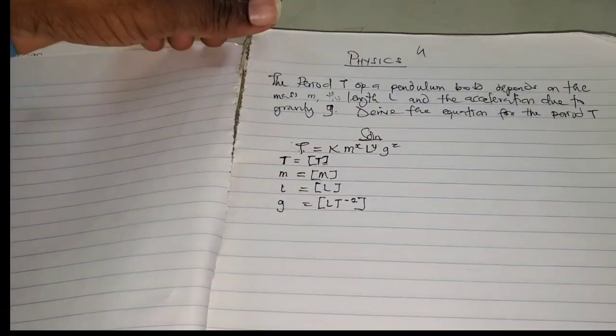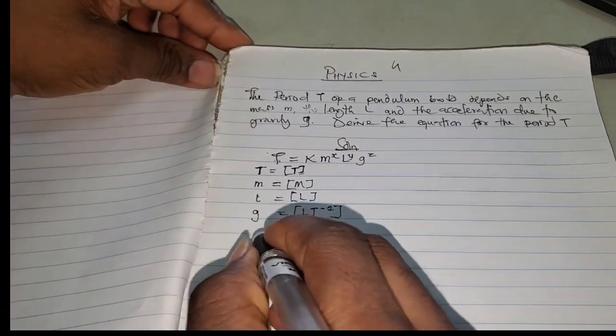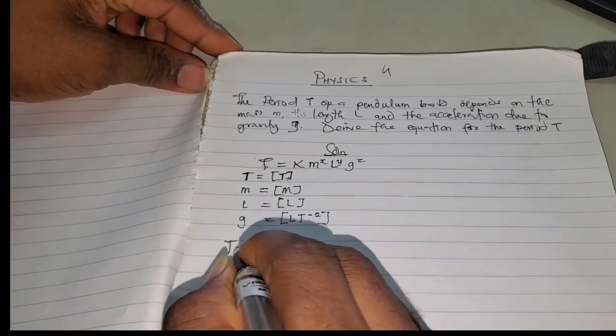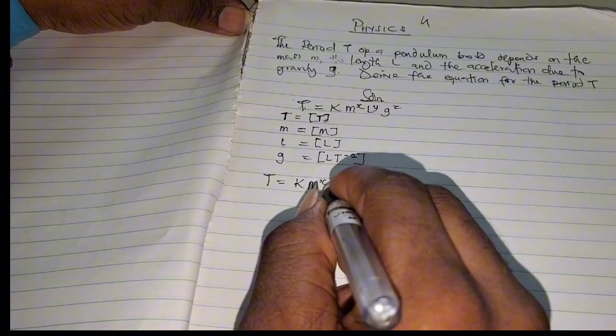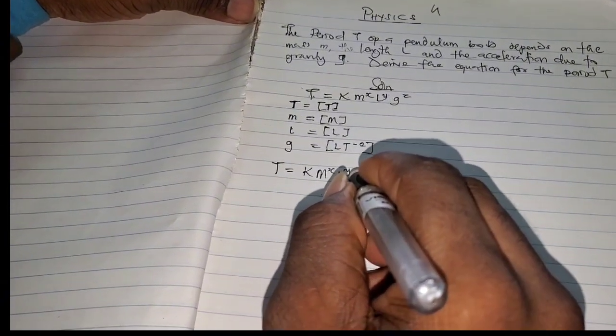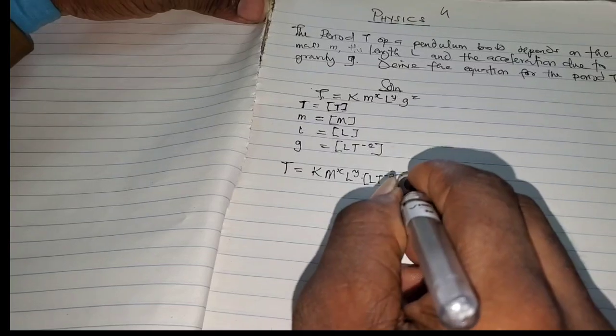So the next thing is to put in all these values. We have T equals to k M^x L^y, then LT raised to minus 2, all raised to z.